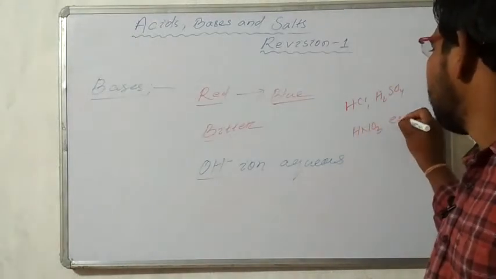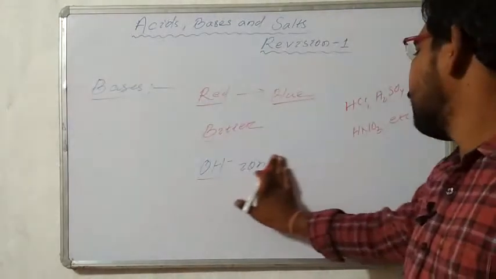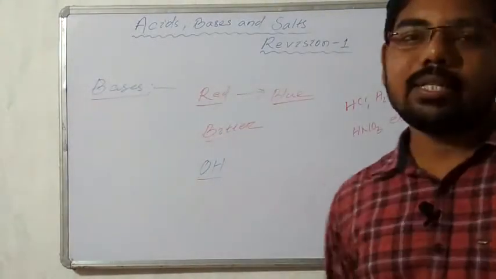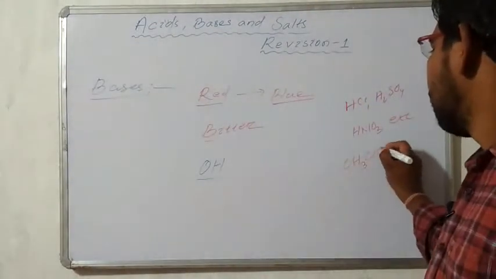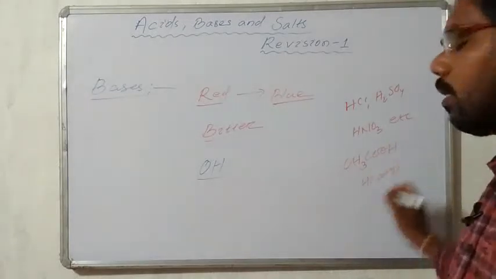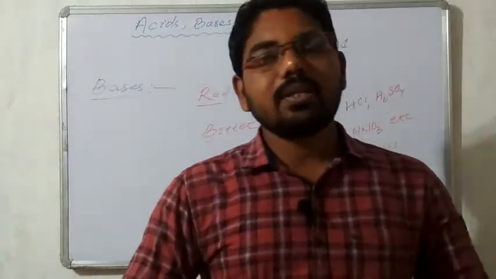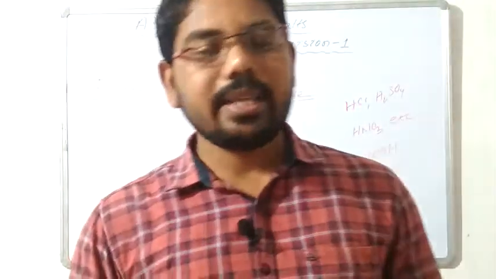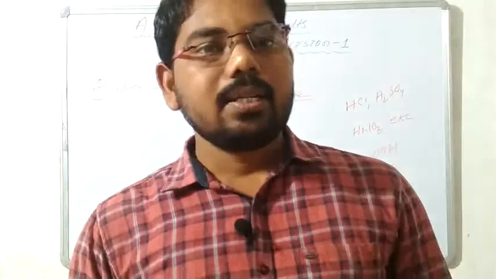Some acids are weak acids, like citric acid, acetic acid, and formic acid. These are examples of weak acids, which are partially ionized in their aqueous solutions.